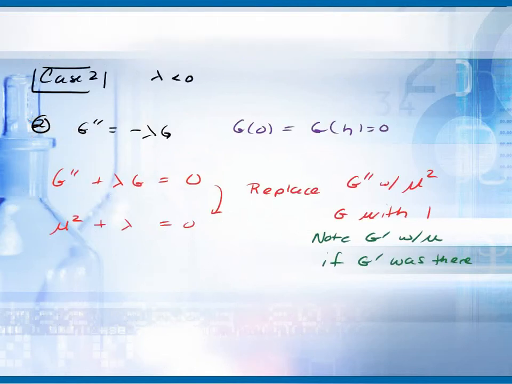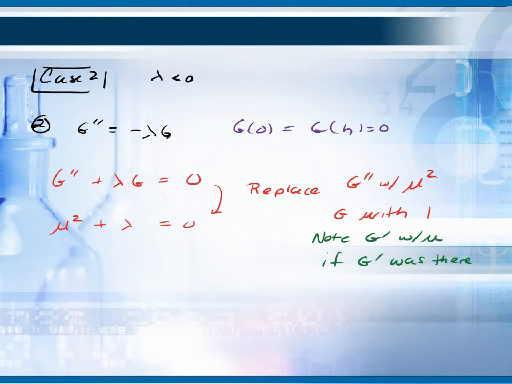Make sense? Case 2 is that lambda is less than 0. Well, in this case, I get g double prime equals negative g. I get mu squared is plus lambda. This is what's called the eigenvalue equation. So you replace g double prime with mu squared and the g with a 1. If you had a g prime in that equation, you would replace it with a mu. So you'll get a characteristic equation.